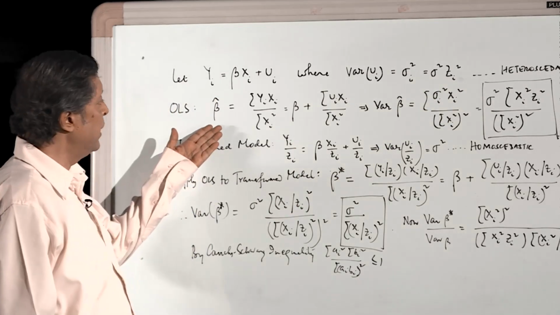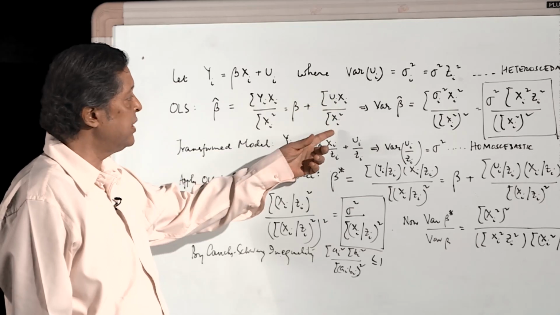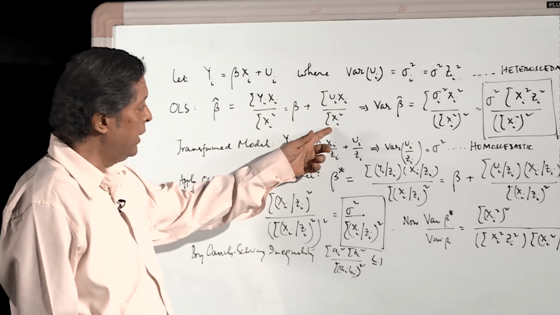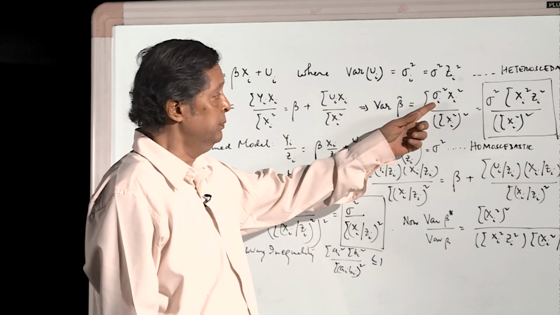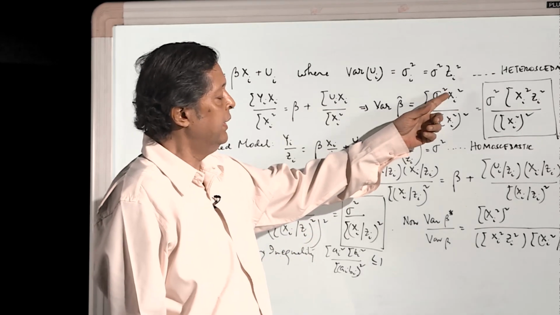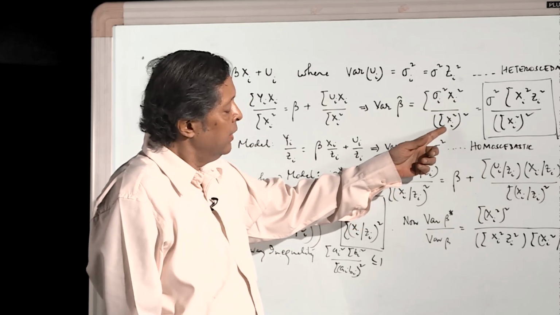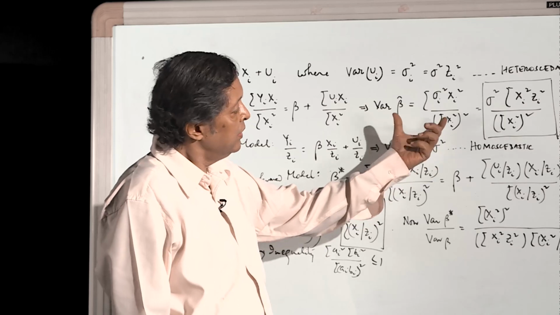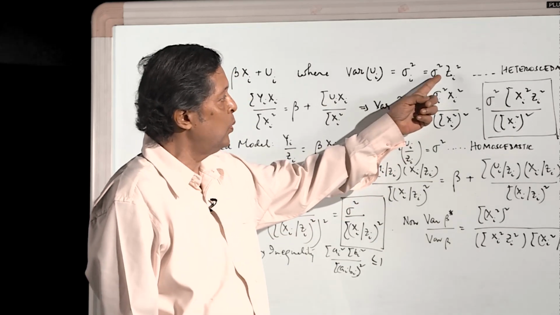Ordinary least squares, all of us know, gives us beta plus summation ui xi divided by summation xi square, which implies that the variance of beta hat is equal to summation sigma i square xi square divided by summation xi square, the whole square of that. We substitute sigma i square as sigma square zi square.